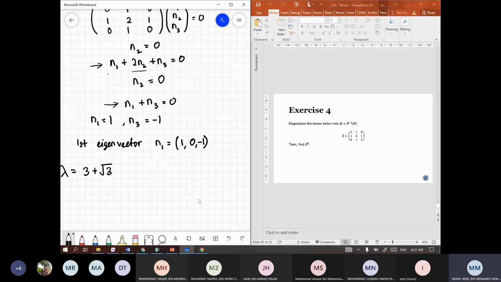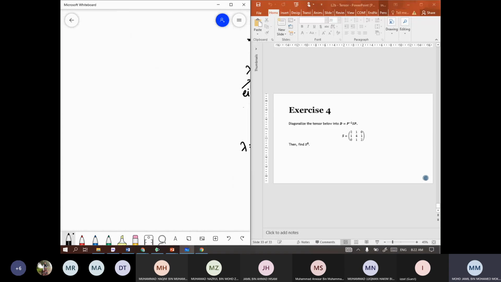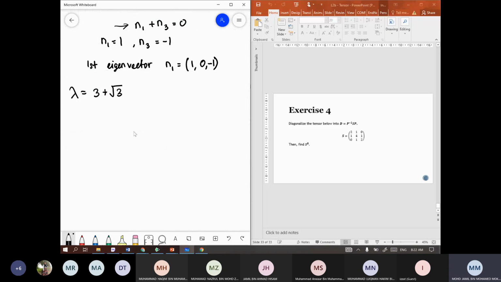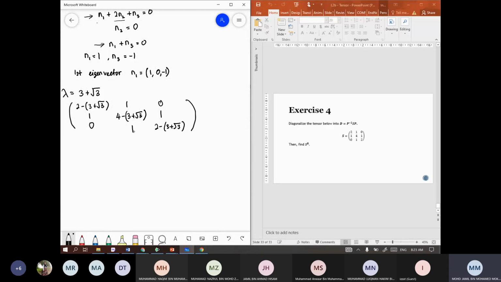Similar step, just substitute into this equation here. Okay, and then expand.